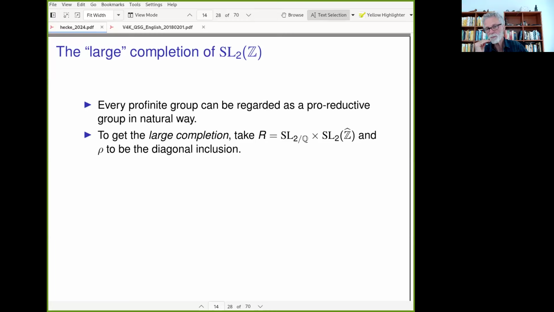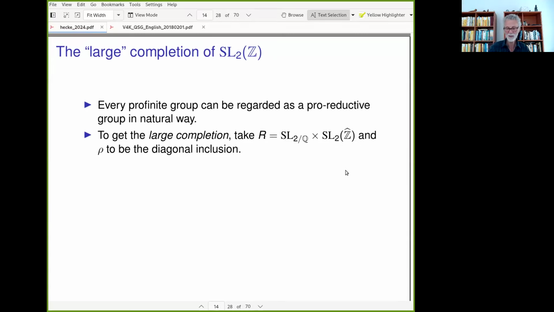It's a pro-reductive group, the inverse limit of SL2 of Z mod n as you let n vary. And the homomorphism from SL2Z into here is the diagonal one. It maps into SL2Z hat in the obvious way, and it maps into SL2Q in the obvious way.